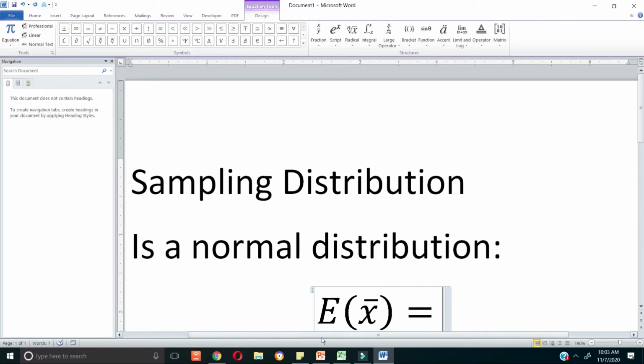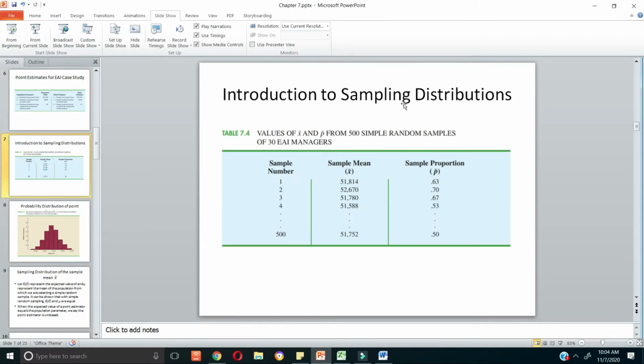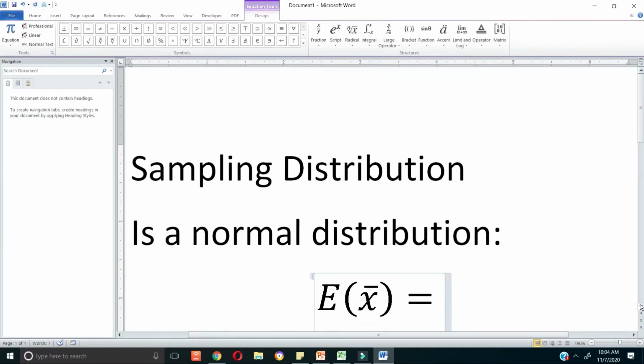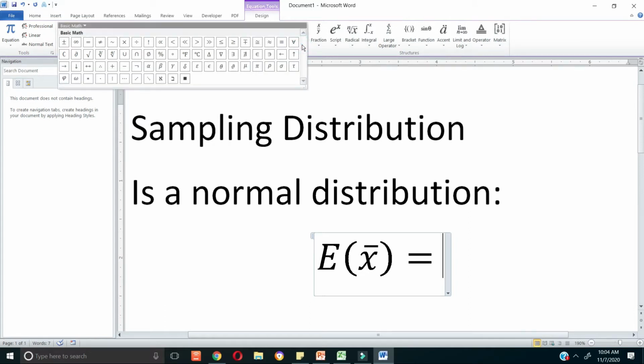So that is this value that we have over here. That is the value when you compute all the means for all the possible samples, that's what we're talking about. So the value that we expect to get for those means is going to be equal to the mean of the population.